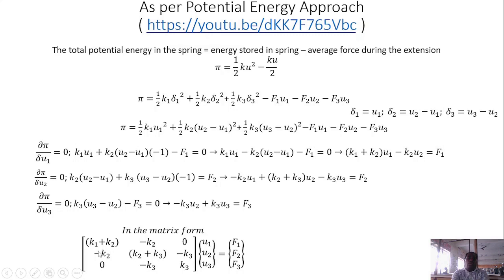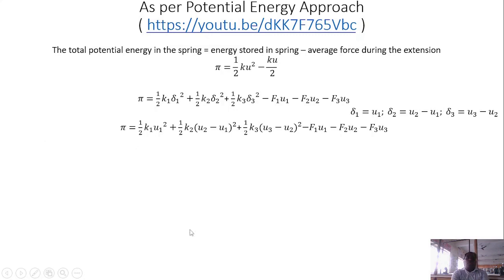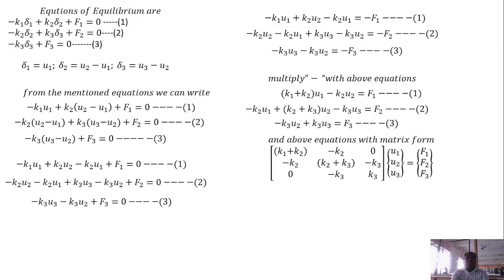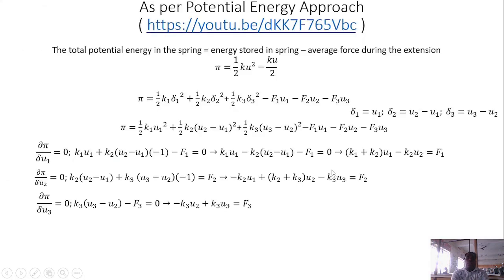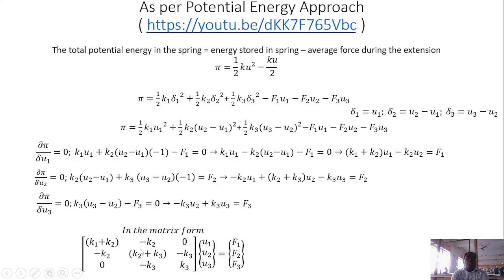So now I got, here you see, the term with the potential energy equation. After that I can refer to the previous step. Here also the matrix formulation has K1 plus K2, minus K2, 0. Examine this equation I got from the direct approach. Here also I got this equation from the potential energy approach.